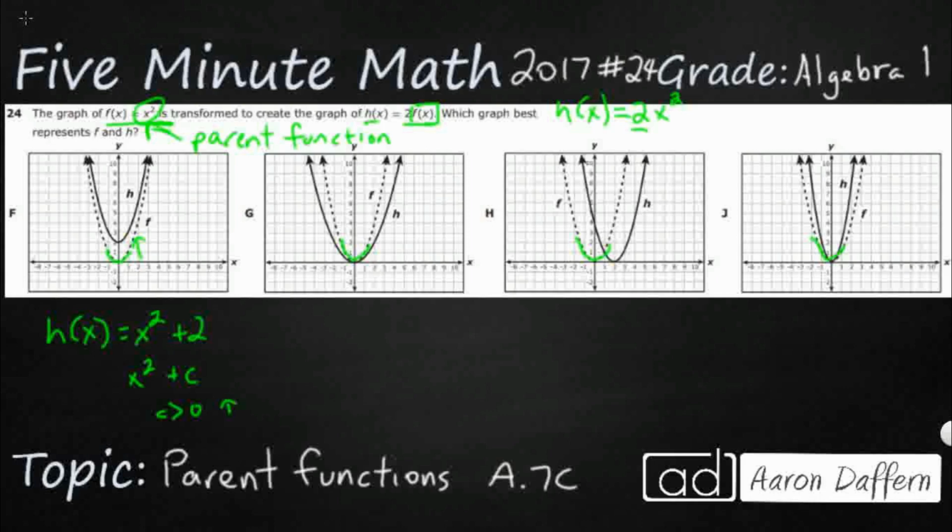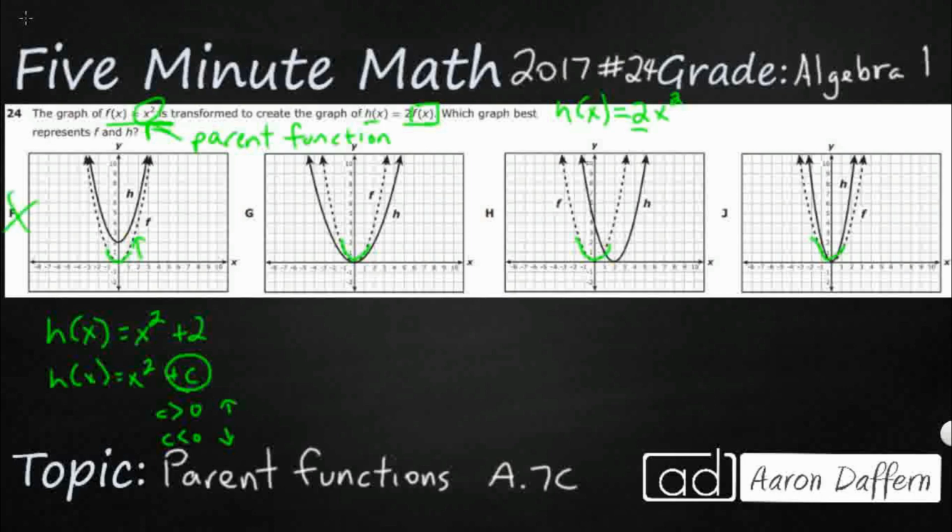In this case, it's going to slide up 2. If c is less than 0, it just slides down. So all that c does in this form, h of x equals x squared plus c, is regulate whether the vertex and the whole parabola shift up or down on the y-axis. So that's not what we're looking for here.